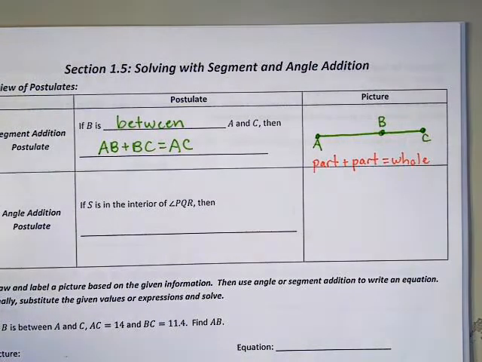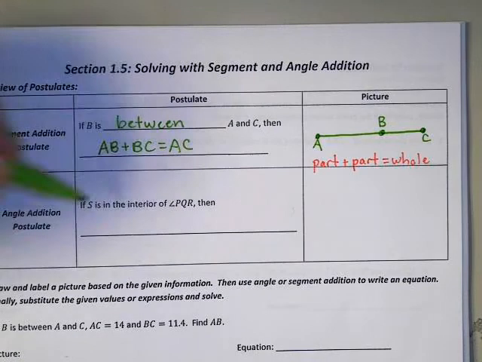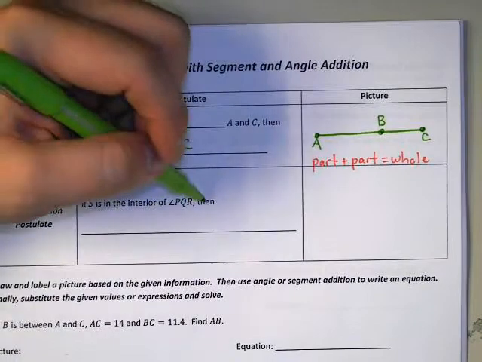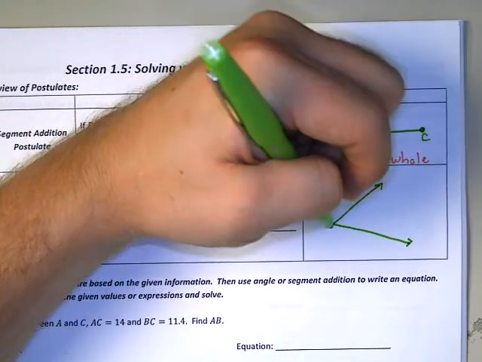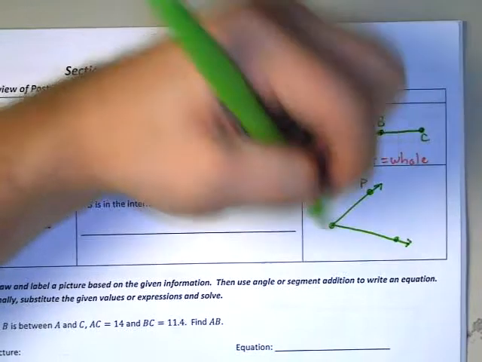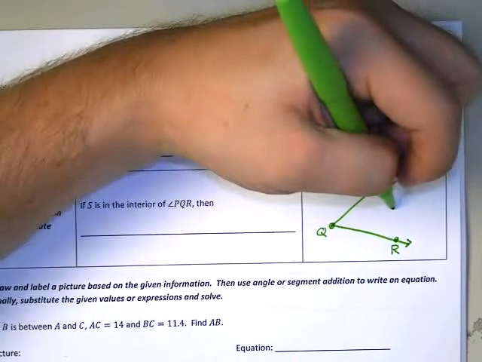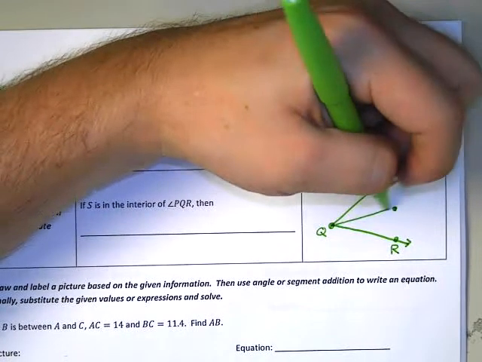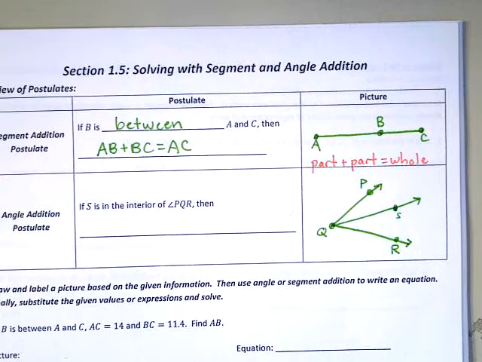All right, so we got that already. Same thing with angle addition. We know if S is in the interior of angle PQR, maybe I'll draw the picture first this time to help us out. So we have P, Q, R, and then S is somewhere in the interior. I draw a ray through S. And again, the two parts have to add up to the whole.